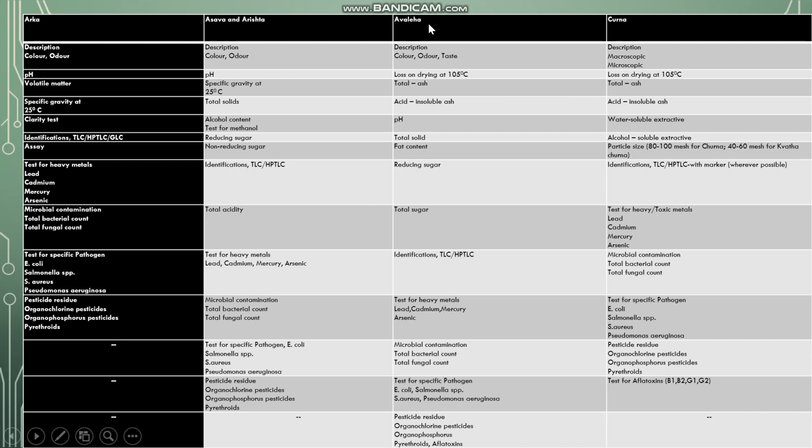So again for Avaleha, as these Avalehas are sugar containing substances, we can take sugar, jaggery. So it has a standard test that is mandatory, that is the reducing sugar and total sugar. This is important for Avaleha. Again for Churnas, tests are given. Microscopic is there, LOD, ash value, water soluble ash, total ash value. There are different types of tests like heavy metal toxicity, lead, cadmium, mercury.